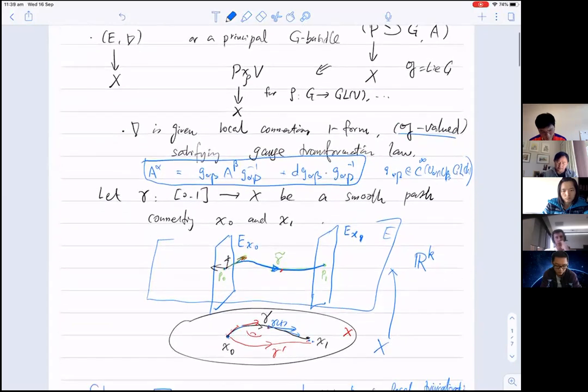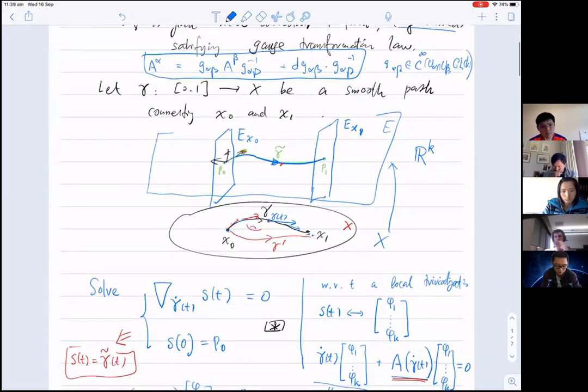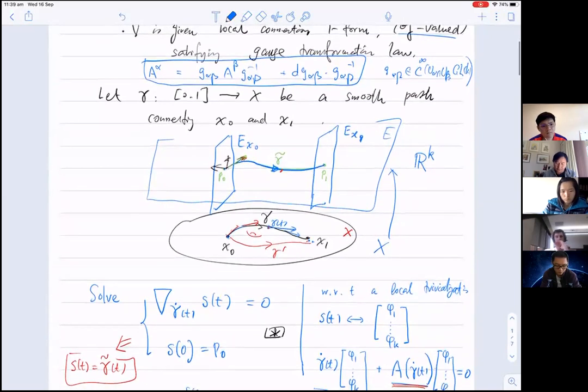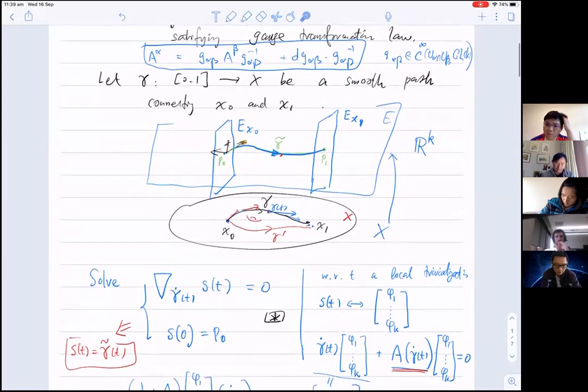And then the horizontal lifting. Suppose we have, say, your case, a closed curve. Suppose I have some curve on the base, and this is gamma(t). Now I want a horizontal lifting of it, another curve called gamma tilde.